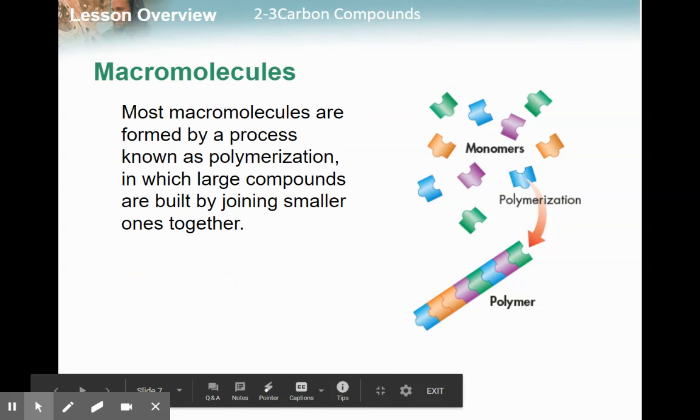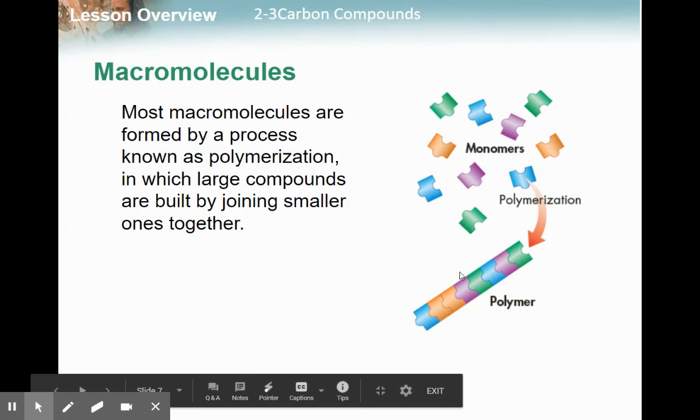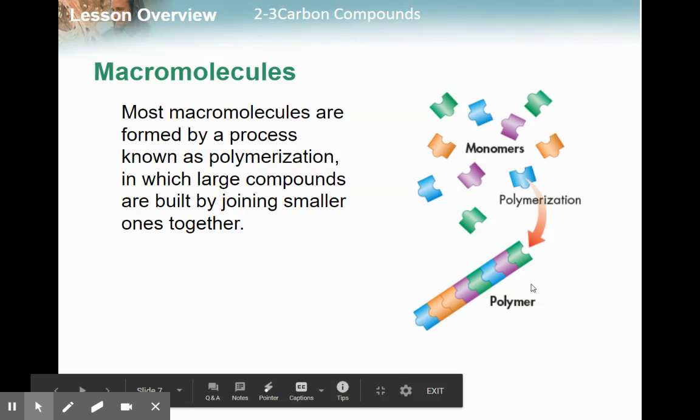These macromolecules are formed through polymerization, in which these large compounds are formed by joining the smaller ones together. The monomers form the polymers. That's a big idea from this right here. The monomers, which are the smaller pieces, form the polymer, which is all those smaller pieces put together.